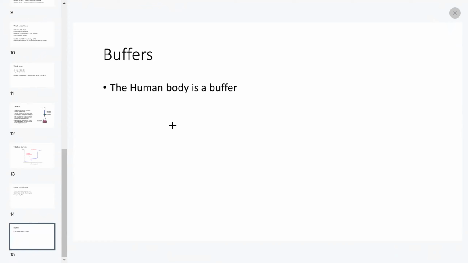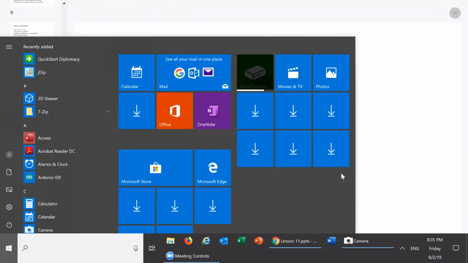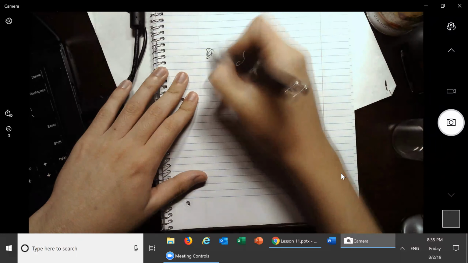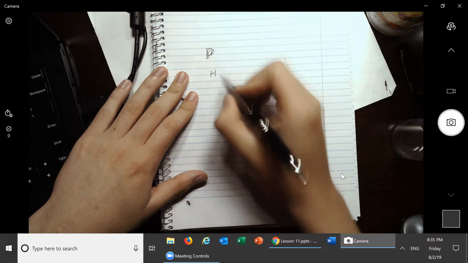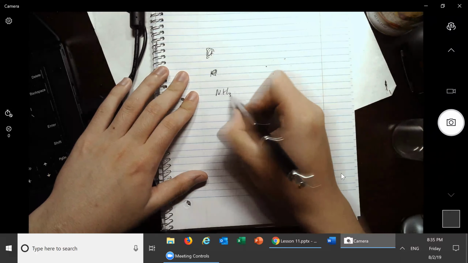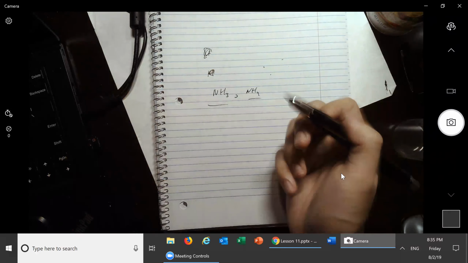The idea behind this is we have a mixture of a weak acid and its conjugate base, or a weak base and its conjugate acid. For example, we have a weak acid and its conjugate base.